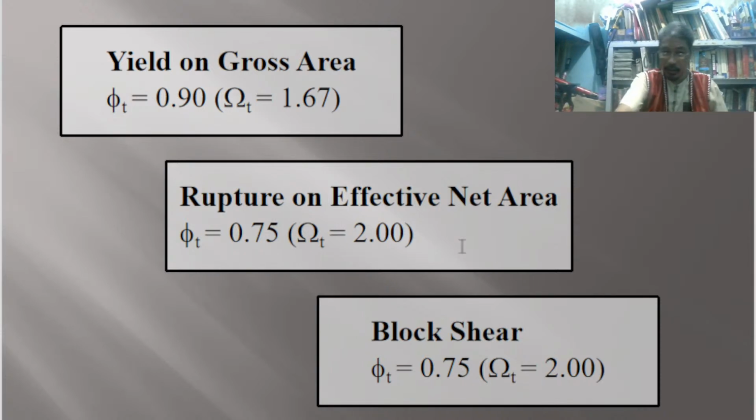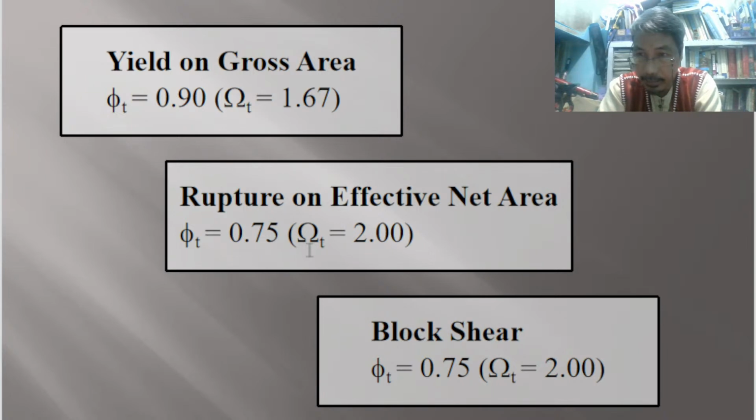So phi is equal to 1.5 divided by omega. So that is the relationship. So 1.5 divided by 2, that is 0.75. 1.5 divided by 1.67, that is 0.9. Okay? So that is the relationship.